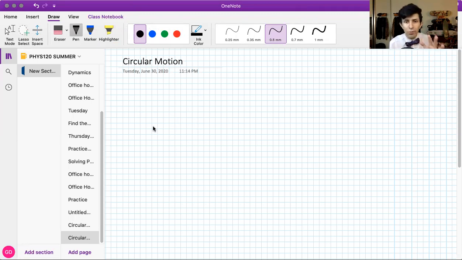Okay, circular motion. What's so special about it, and how does this connect with everything we've talked about in the past? Let's start off with the idea of speed and velocity. We know the difference, right? Speed is only the magnitude. We don't include the direction in speed. But for velocity, you focus on both direction and magnitude.